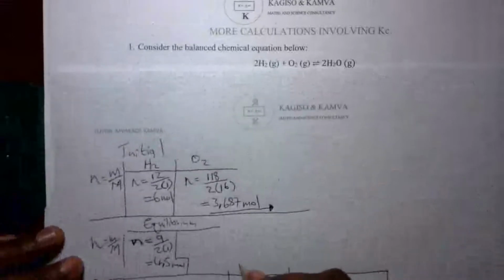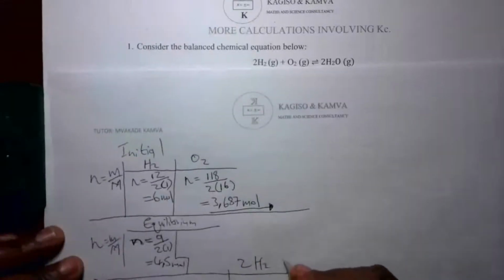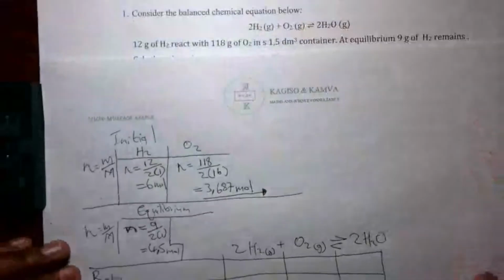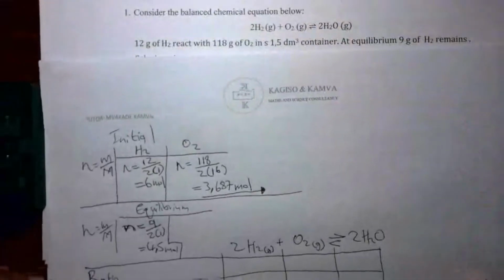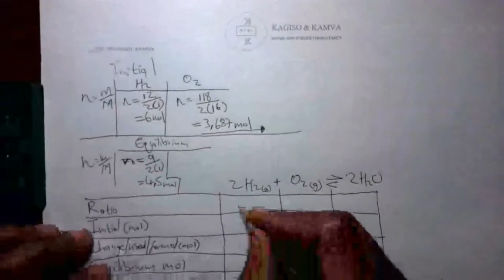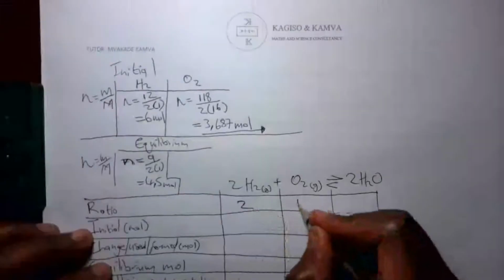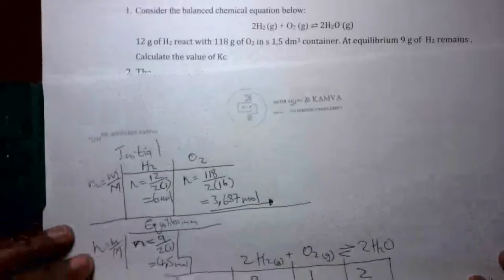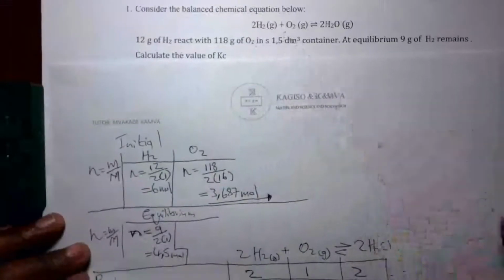It's 2H2, which is a gas, plus O2 gas, to give us 2H2O. So the ratio here is going to be 2:1:2. From the statement we are told that it is hydrogen and oxygen that is in the container.